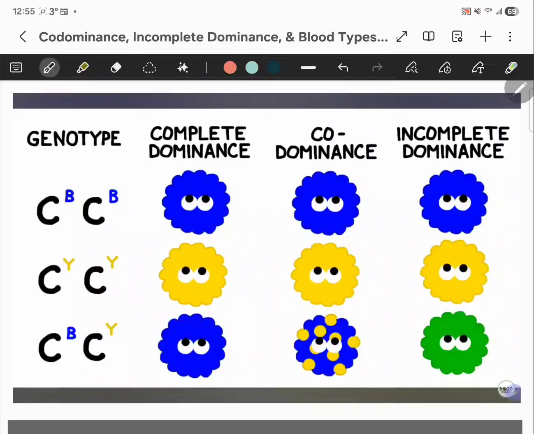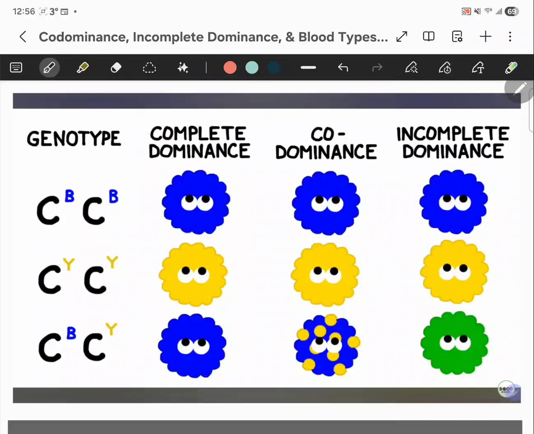Where it gets a little bit different is when we talk about a heterozygous genotype. In this example, we're going to have one allele of one color and one allele of a different color. The B represents blue, the Y represents yellow, and in complete dominance, what we said when we started this genetics unit is that one completely covers up the other, because one is completely dominant over the other.